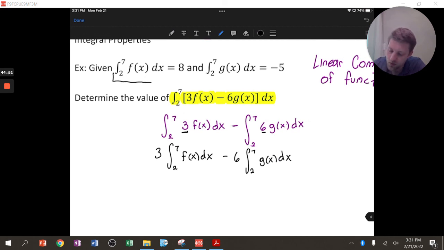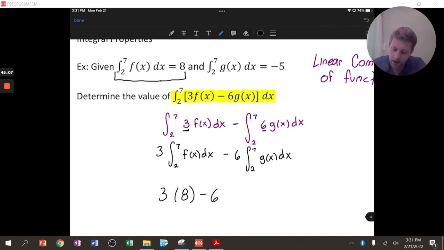So now with what we have left, I notice that I do know the integral from 2 to 7 for the f of x dx function. That's 8. So we can replace that with just a constant 8. Subtract 6 times the integral of the g of x function on that same interval happens to be -5.